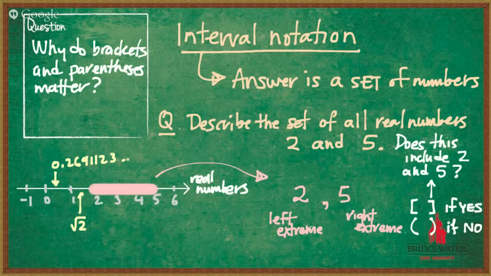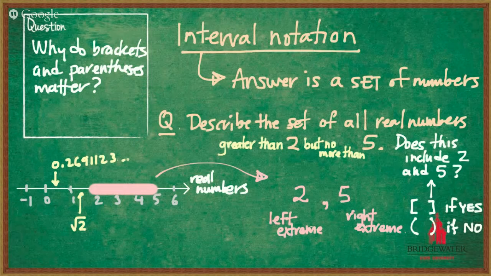Let's put a finer point on it. Instead of saying just between 2 and 5, because that's not specific enough mathematically to let us know whether to use square brackets or parentheses in our answer, let's say this. Let's describe the set of all numbers that are greater than 2, but no more than 5.